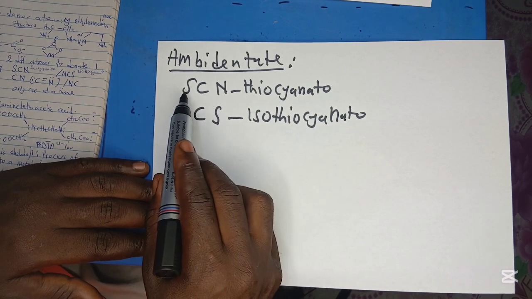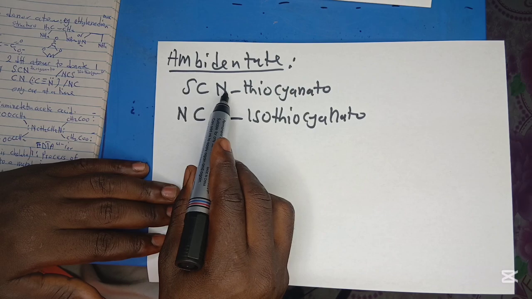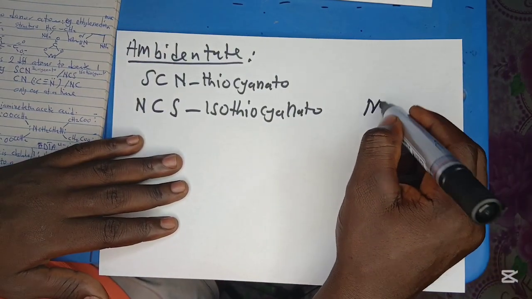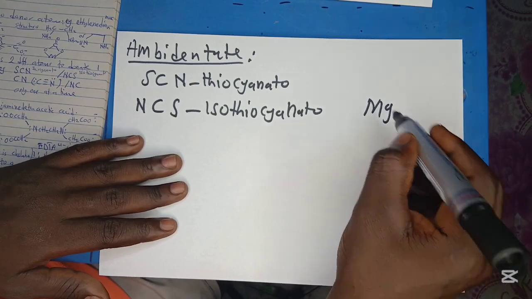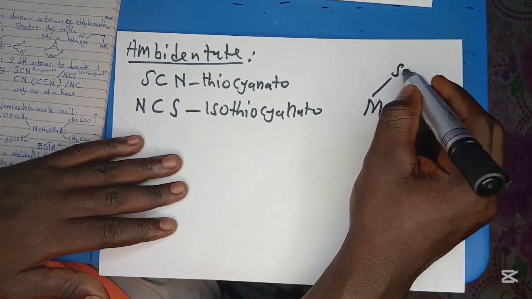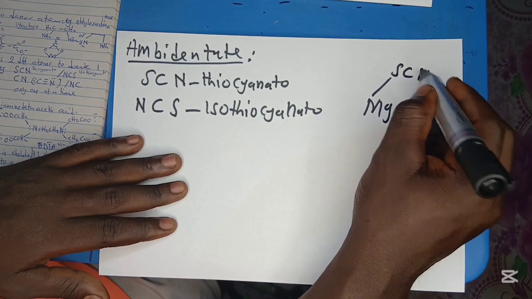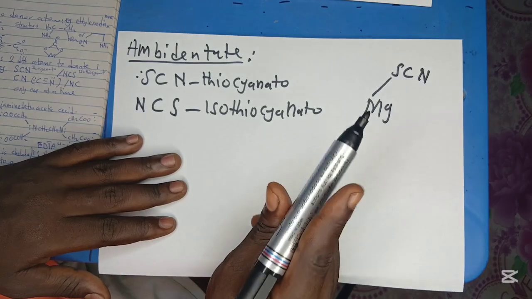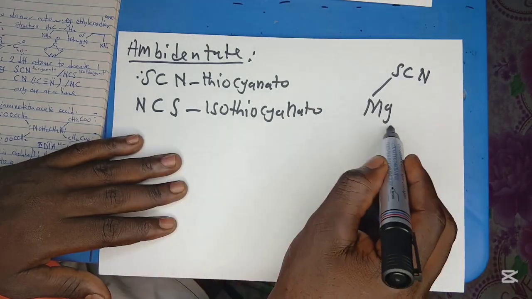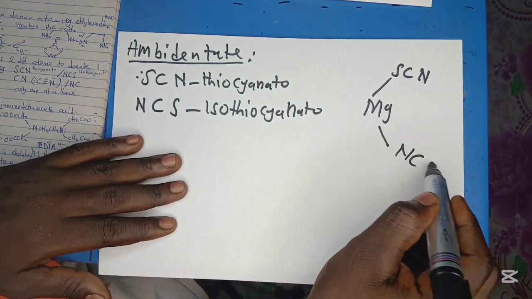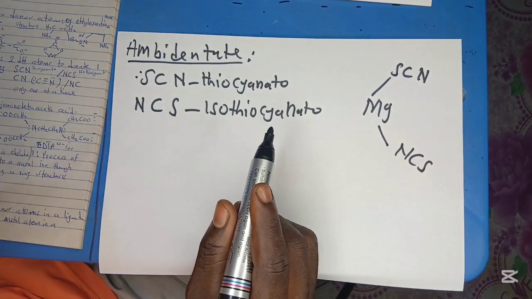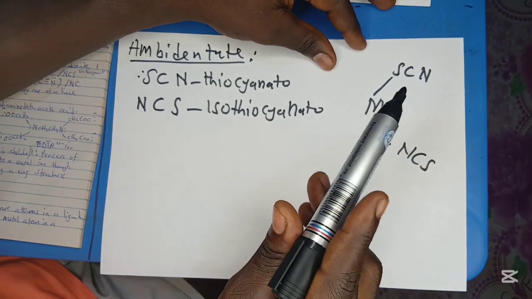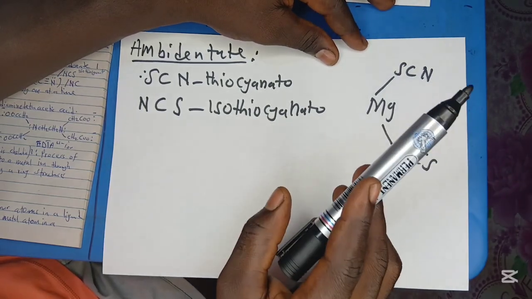So SCN, in this case, we can have a metal complex, assuming I'm using magnesium, in which thiocyanate forms a bond with the metal through sulfur as the donor atom. We can also have another one in which nitrogen is the donor atom. So that means that SCN is an ambidentate ligand because it has two donor atoms.